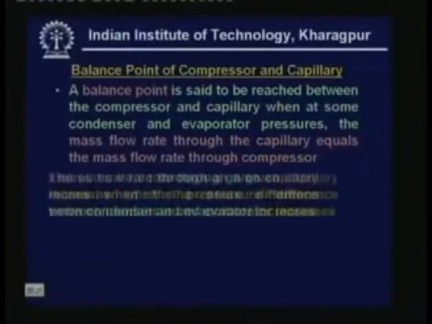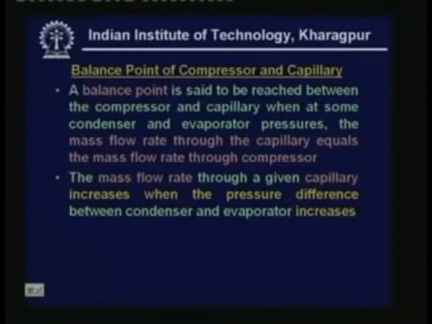So basically, for selection of capillary, a matching between capillary and compressor is important. When you say that compressor and capillary are balanced, that means the flow rate through the capillary is equal to the flow rate through the compressor. Now the mass flow rate through a given capillary increases when the pressure difference between condenser and evaporator increases.